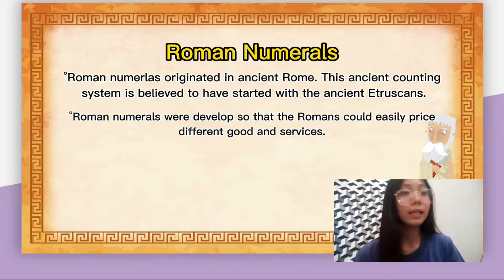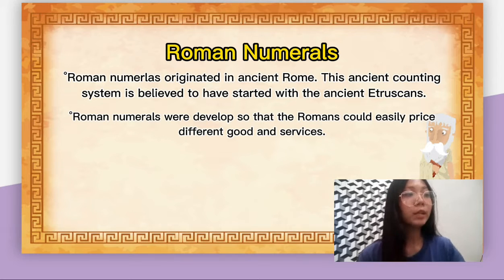Roman numerals are written as a combination of 7 letters. Within this topic, we already talked about this when we were in the elementary years.